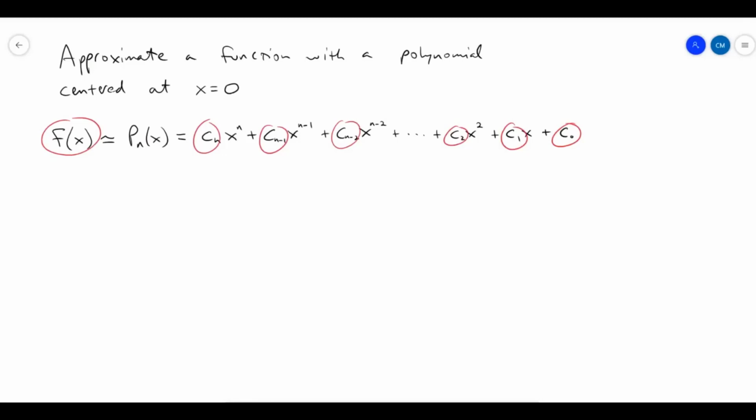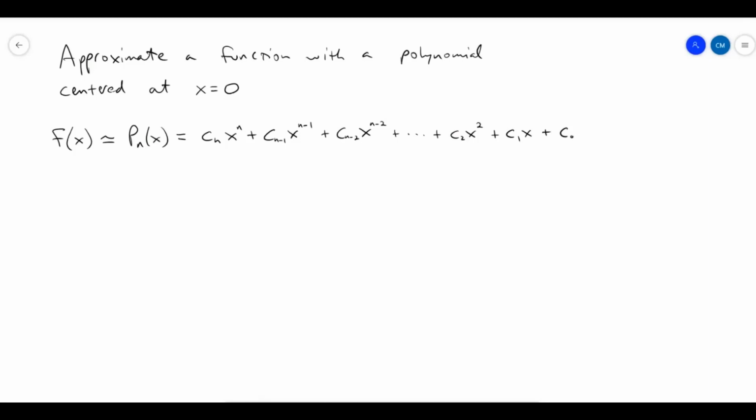Maybe we can find a formula for them. All right, so how do we do that? Well, again, like I was saying before, if you want a function to be approximated by another function, what should happen, right? Well, a good approximation would have the same output value, or at least pretty close to the same output value, when you plug something into the function and then you plug something into the approximating polynomial, right?